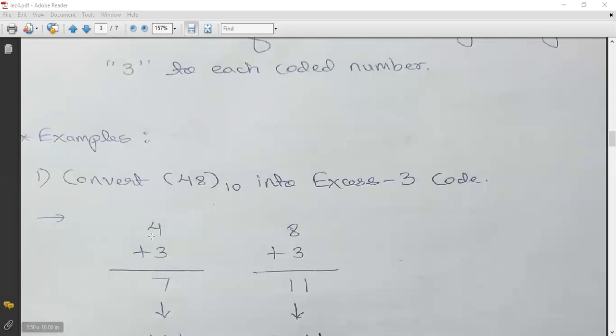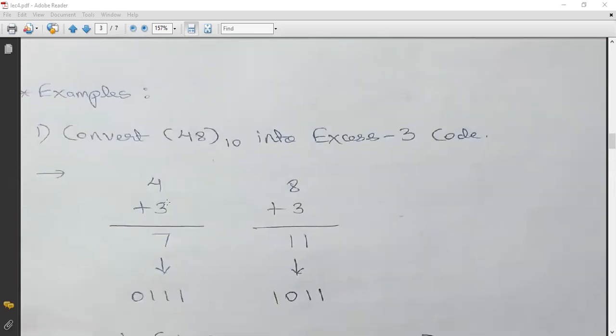First, we are going to add 3 to each digit of its decimal number. So 48 is the number, and I'm going to add 3 to each digit present here. 4 plus 3 is nothing but 7, and 8 plus 3 is nothing but 11.